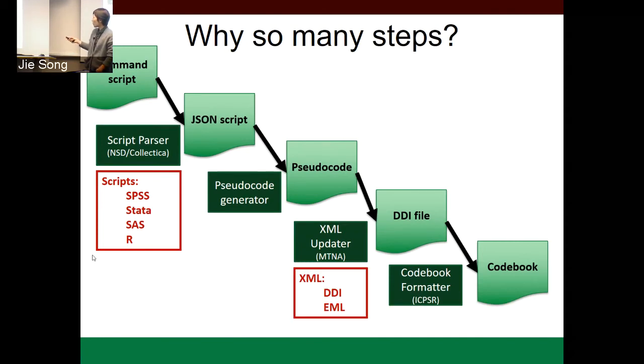For the XML updater, in addition to the DDI format I have talked about, we are also doing it for the XML EML format. Both of them are XML based. They use tags to identify the metadata information. Instead of the ICPSR codebook format, we are also targeting other codebook formats. That is under development.